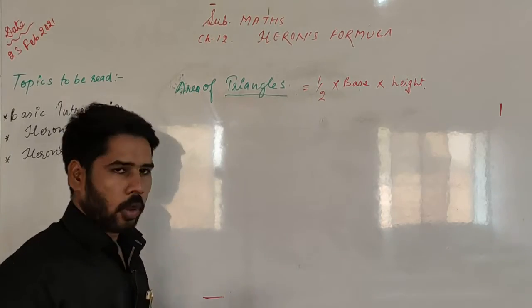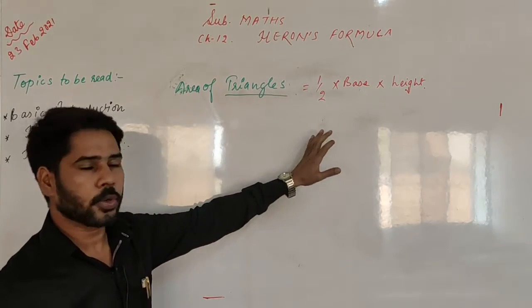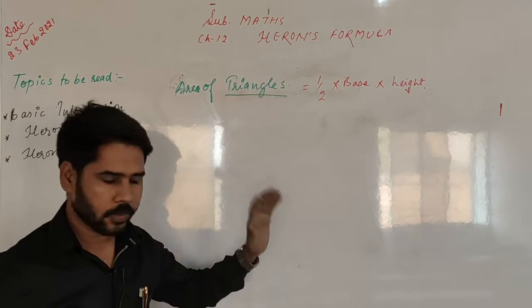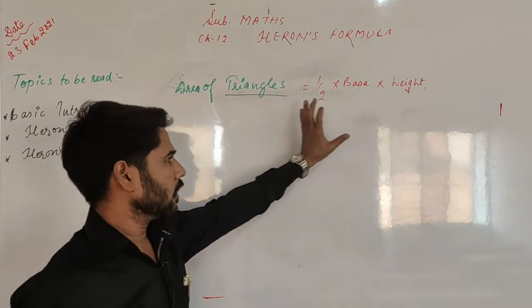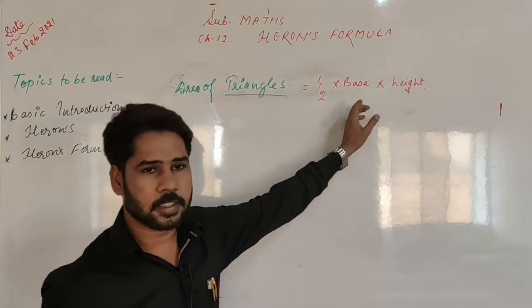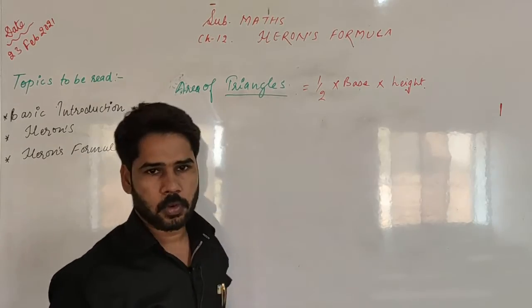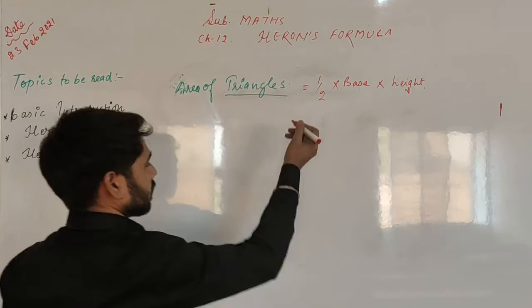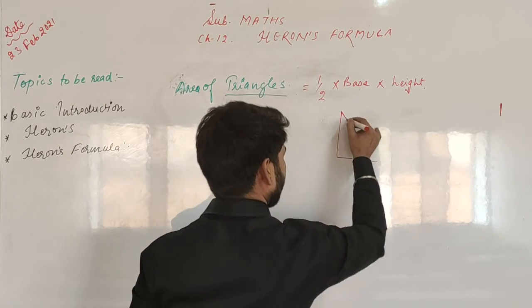Okay, what is the formula of area of triangle? That is 1 upon 2 base into height. Clear? So, with this formula we can easily find the area of a triangle if base and height are given.